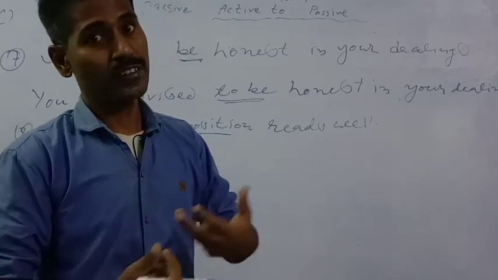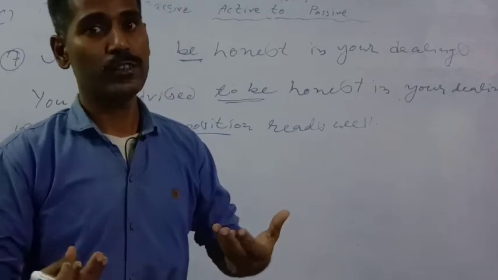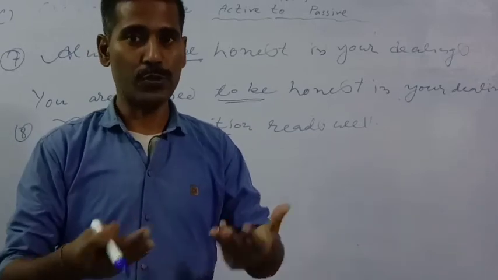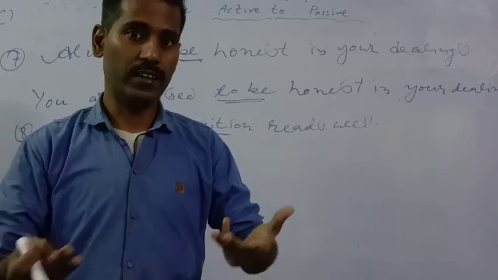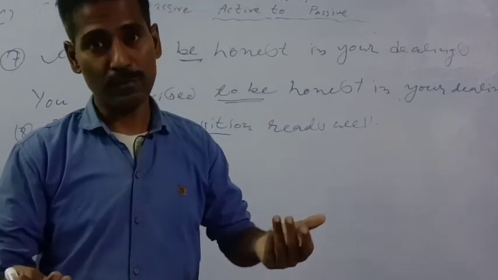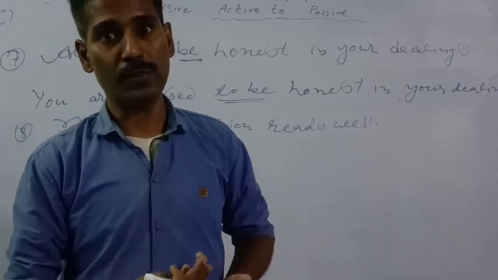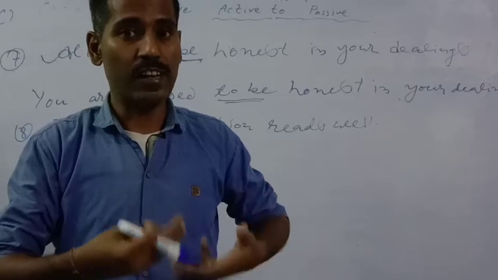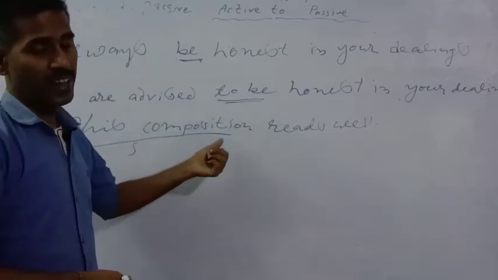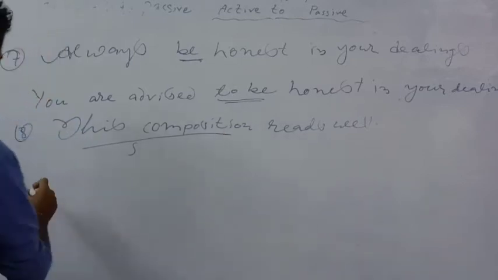That means some people, X, Y, Z, someone, we need someone to read the composition. Suppose a story is a composition, an essay is a composition. Anything you write, that is composition. So we human beings read the composition, but the composition cannot read itself. So this very sentence is active in form but passive in meaning.